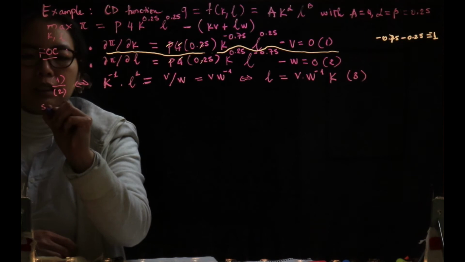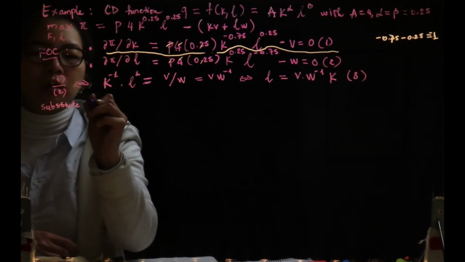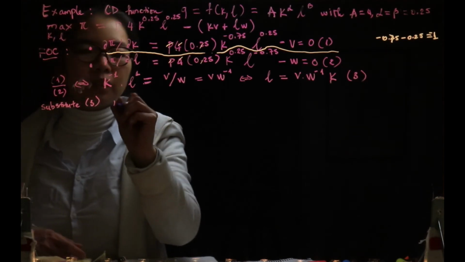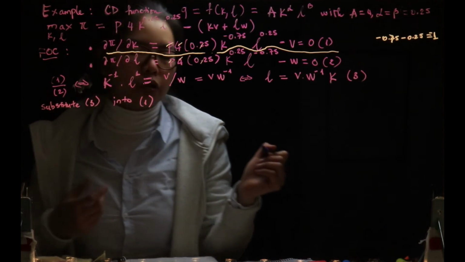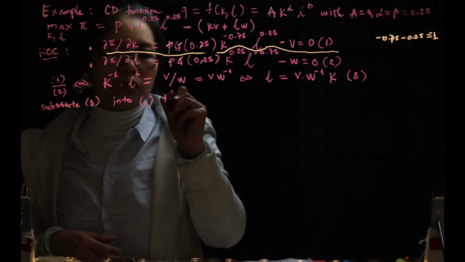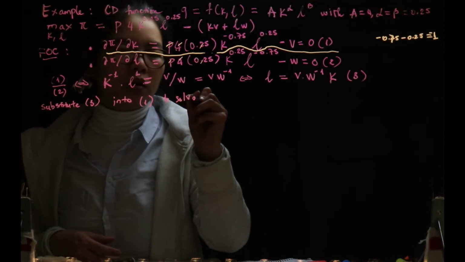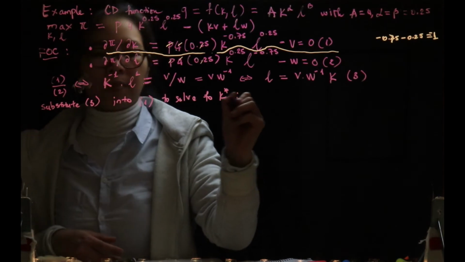Now we substitute 3 into 1. You could also substitute into 2, no? To solve for K star.